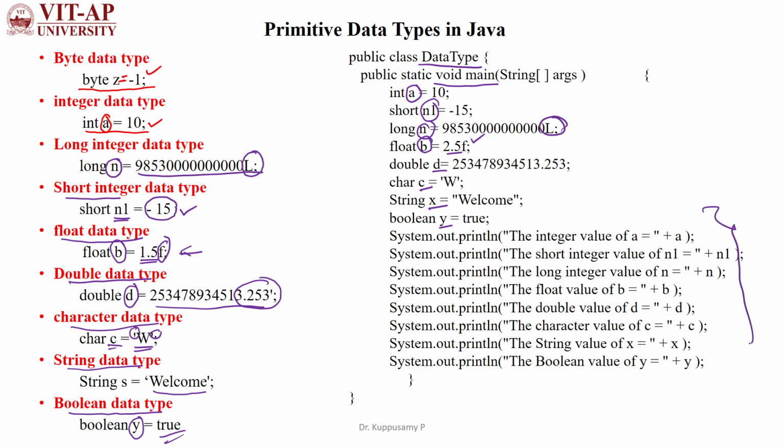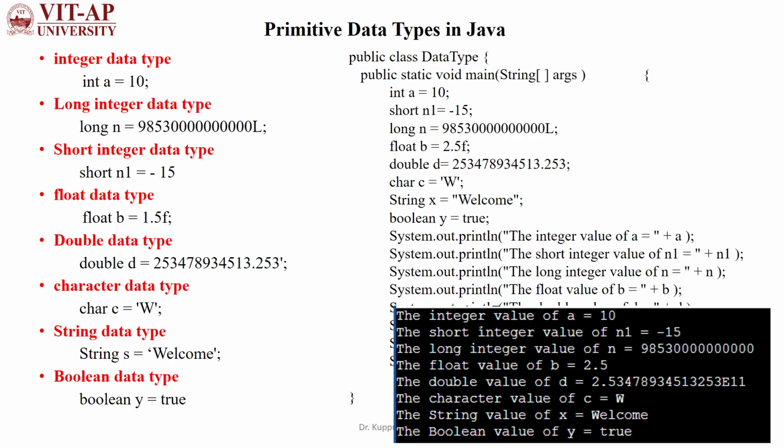We are just printing the values, and the output will be this. Whatever we have given, a has 10 and n1 has minus 15. Likewise the boolean value is represented here as true. So we can use all the 8 primitive data types wherever we require them in the Java programming language.